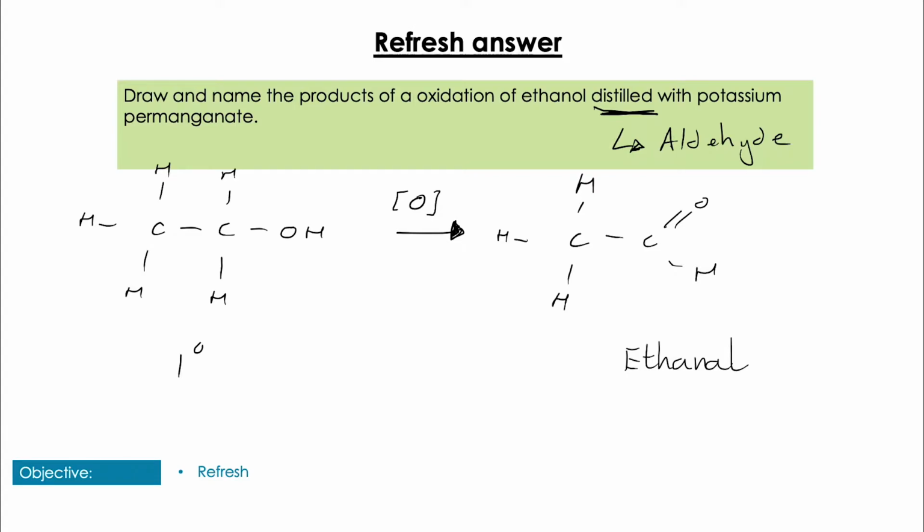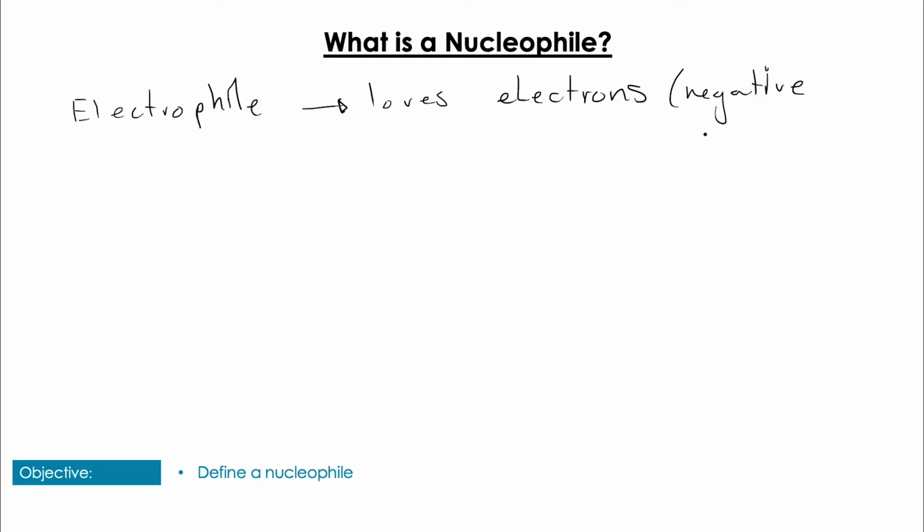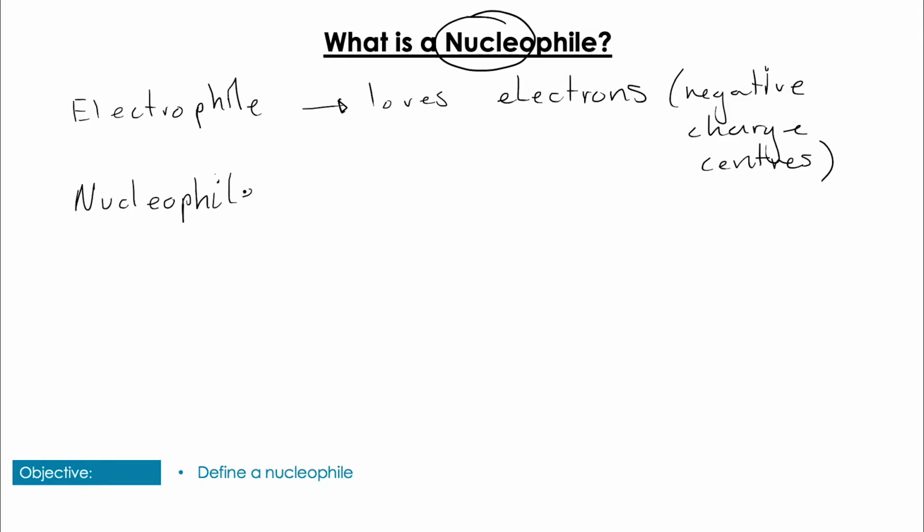So what is a nucleophile? Well, we've already looked at electrophiles in this unit. A lot of files, a lot of loving going on in this unit. And we said that electrophiles love electrons. It's in the name. So they love negative charge centers. So where could we think nucleophiles would be attracted to? Well, the clue's in the name, the nucleus, and a nucleus has a positive charge.